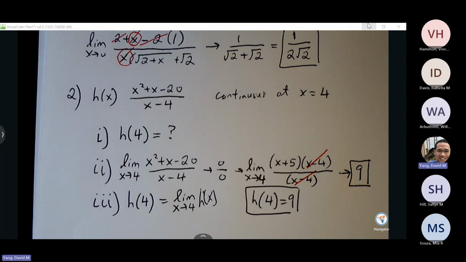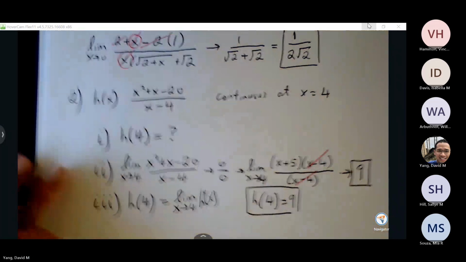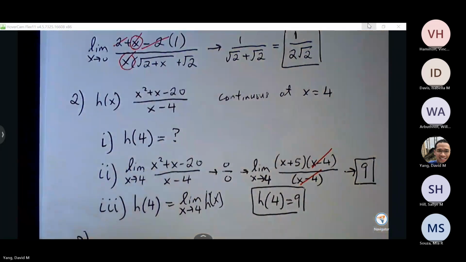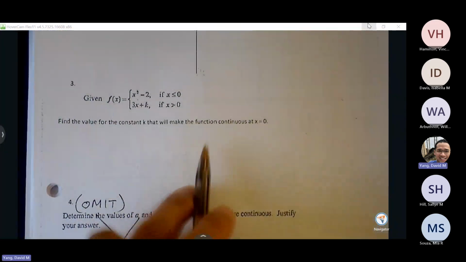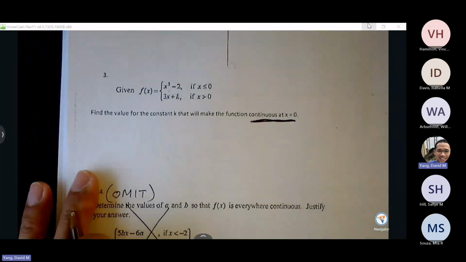Okay, number 3. Number 3 says, find the value for constant k that will make the function continuous at x equals 0. So again, you see that statement about continuity.